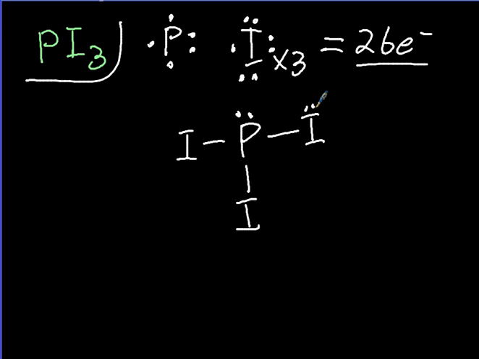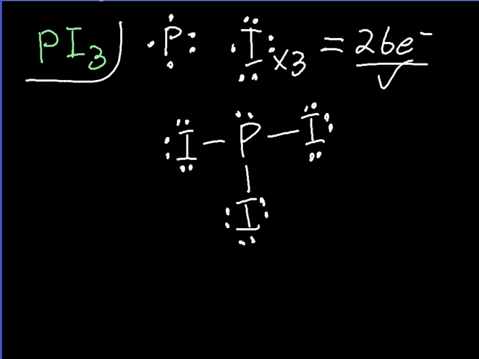Iodine's good, same with these iodines. They all have 8. Count them up: 1, 2, 3, 4, 5, 6, 7, 8, 9, 10, 11, 12, 13, 14, 15, 16, 17, 18, 19, 20, 21, 22, 23, 24, 25, 26. We're good. That's your Lewis structure. Okay, so what's the VSEPR structure?